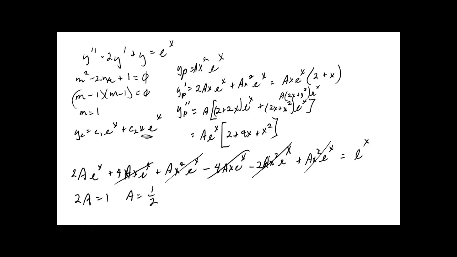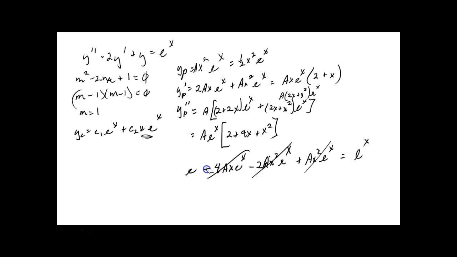So, we have our particular solution. And can I erase all this and just write it down? This will be 1/2 x squared e to the x. So I'm running out of room, so I'm going to erase all of this. Now maybe before I do, let me make sure I got it right. A is equal to 1/2. Okay.